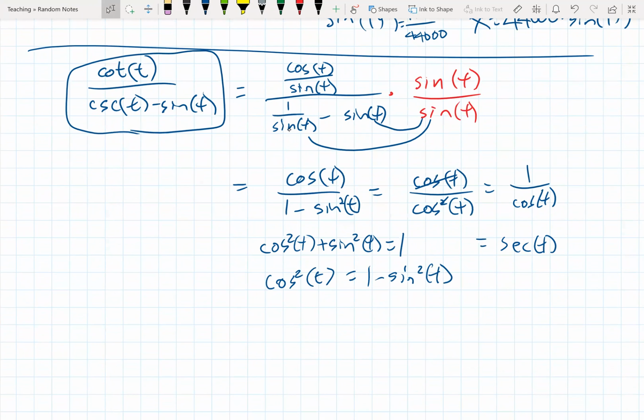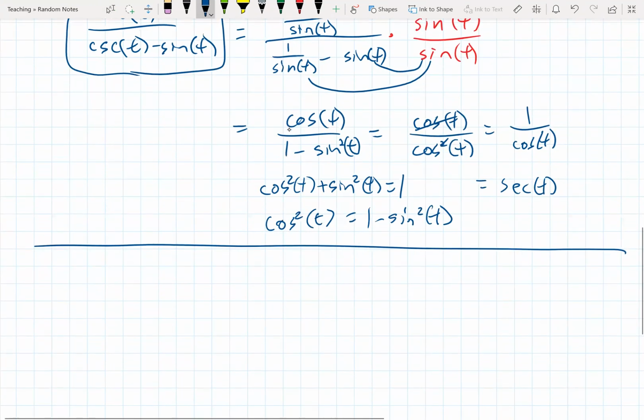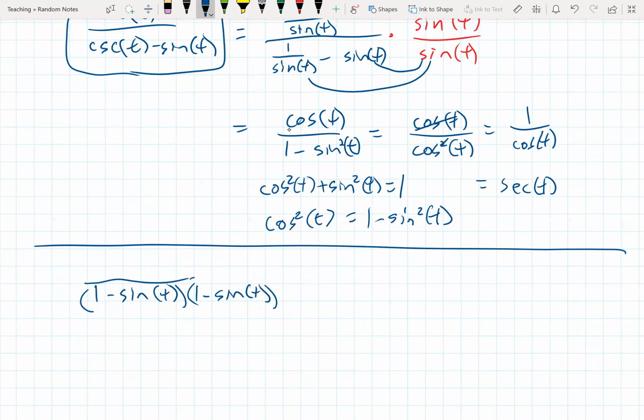Another thing you need to know is, let's say you have something like 1 minus sine of t on the bottom. It really doesn't matter what you have on top, but if you multiply the bottom by the conjugate, 1 plus sine of t, and of course you'd have to also multiply the top by the same thing, that will get you your Pythagorean identity on the bottom.